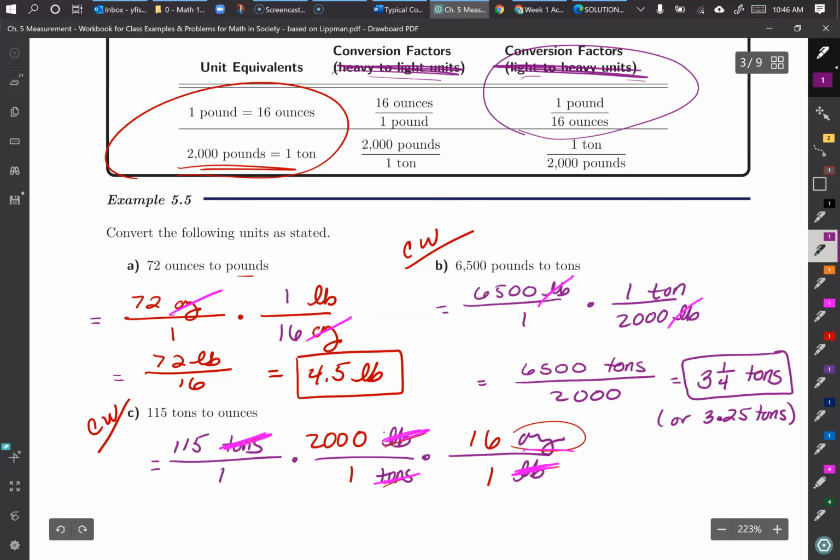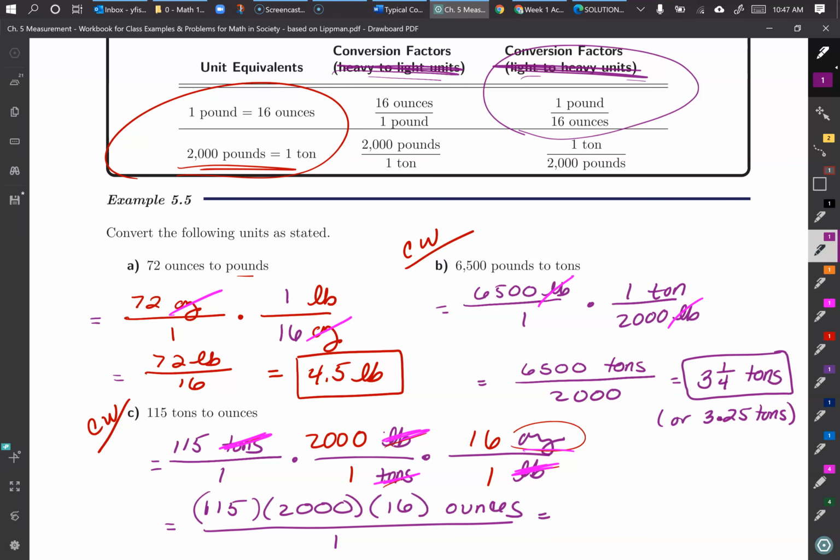So I multiply across: 115 times 2,000 times 16, and then I have my ounces there as well, and that all ends up being over 1. There's nothing left down there, and my answer comes out pretty big.